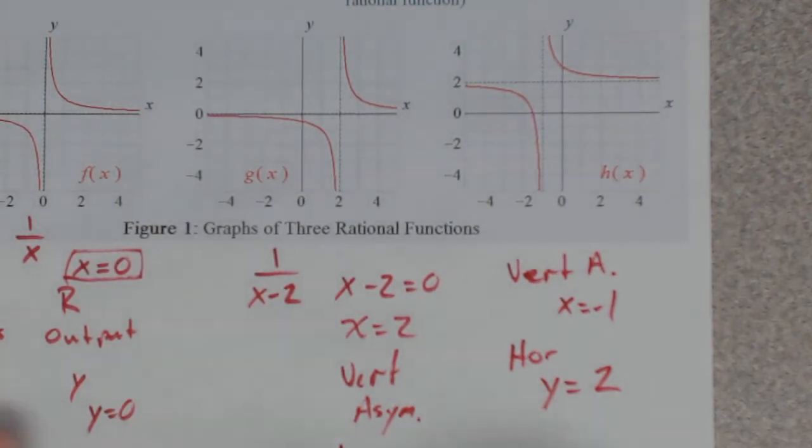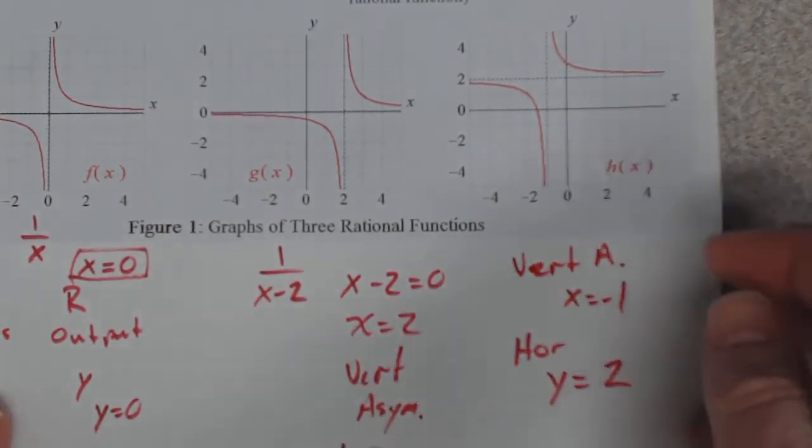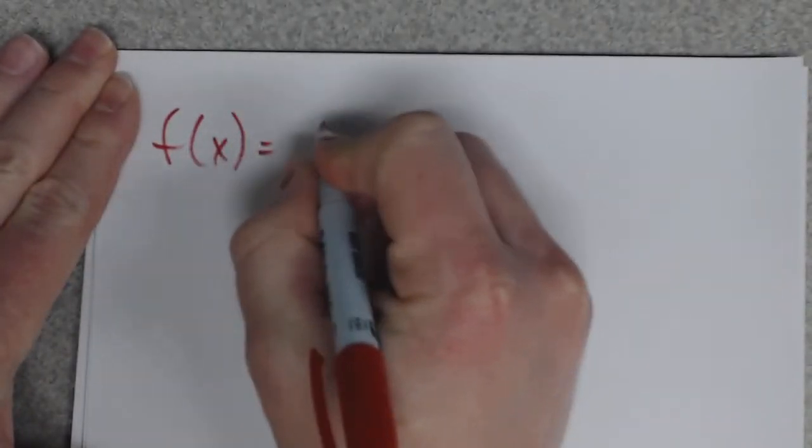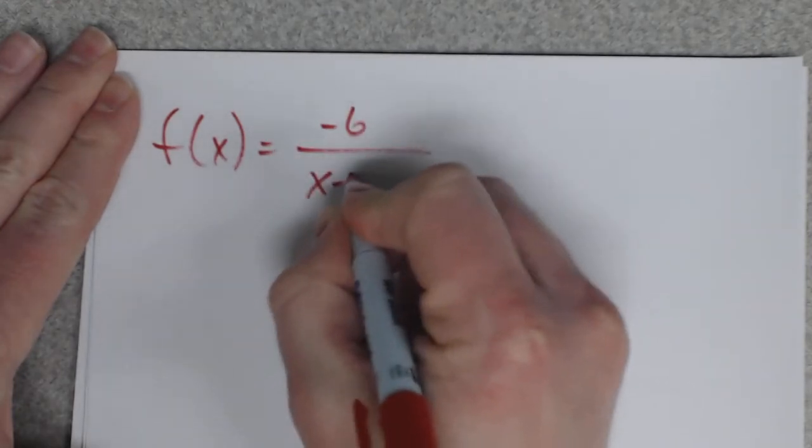But let's not look at it quite so much as graphing. Let's look at it just question by question. So I have a question here, and it says, given the following rational function, so let's take this guy here, negative 6 over x minus 2.